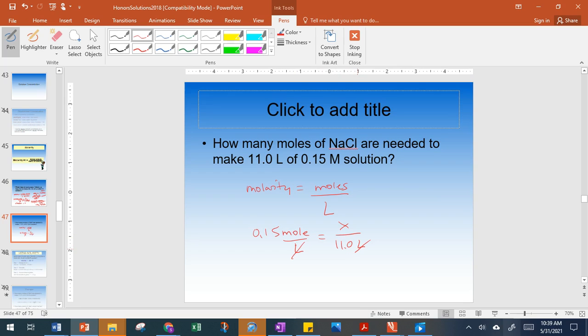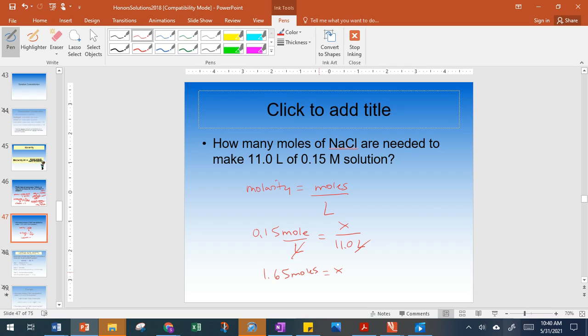Liters cancel out, so we get 11 times 0.15 is equal to X, which is 1.65 moles. So these are pretty straightforward.